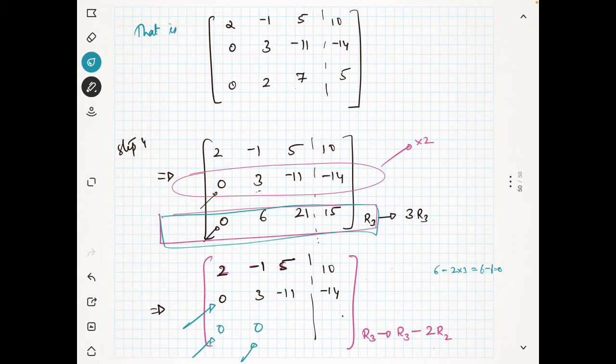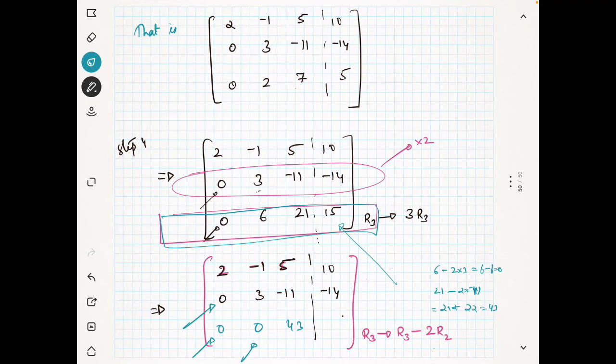Now it's 21 minus 2 times minus 11, which is equal to 21 minus, that means 2 into 11 is 22. So 21 plus 22, that's 43. So you will get 43 here, okay, right? And this is 15. Next you will talk about this one.